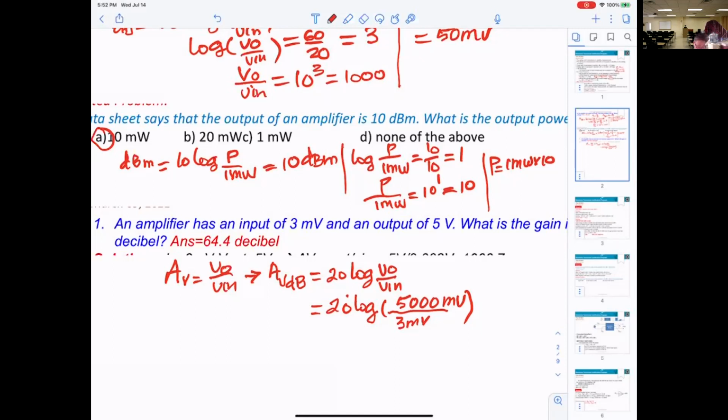The answer will be 64.4 decibel. That's what I got. I want to make sure every time you see it, you can do it right away without any thinking. In the field, you cannot get any notes or books or anything else. You have to do it right away.